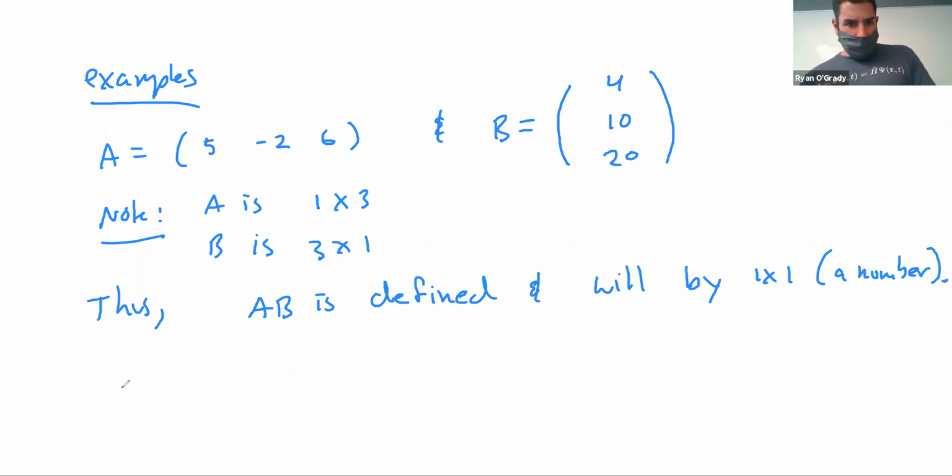So what is A times B here? A times B is equal to 5 times 4. Let's write it out. So what does our formula say?